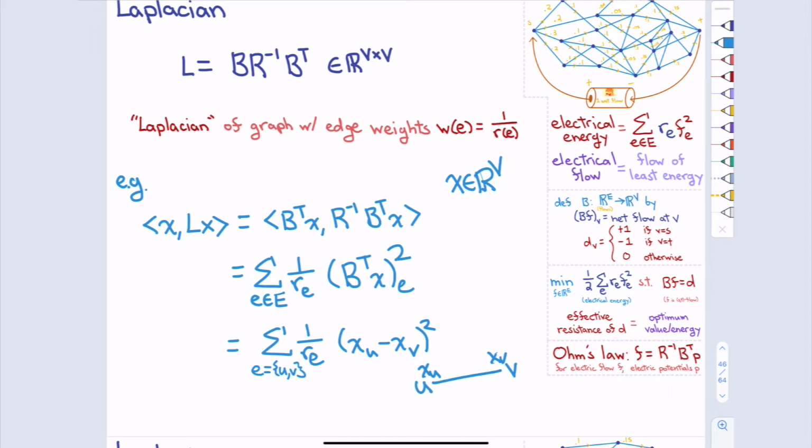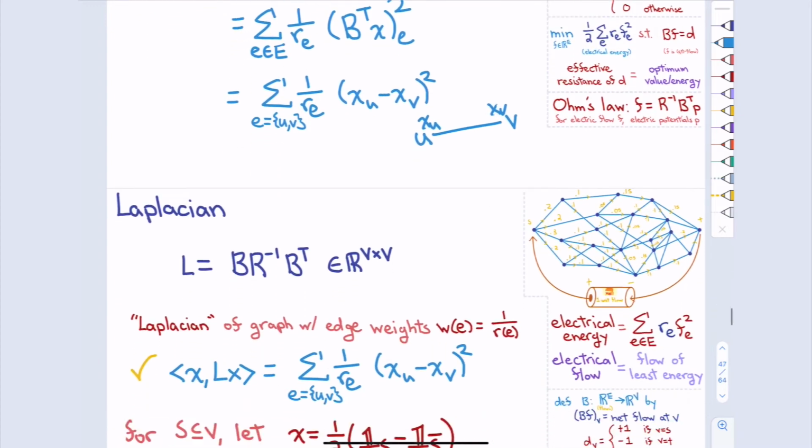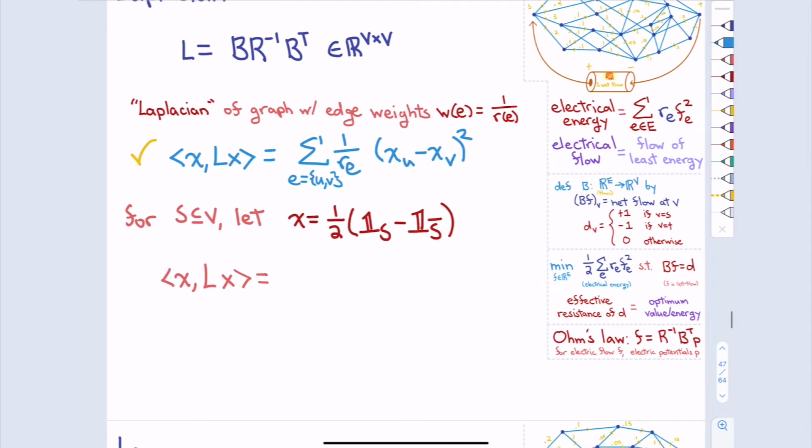Okay. So that means minimizing the Laplacian over x is trying to get values that are closer for edges, especially with small resistance. Okay. But let me give you an example that's a little more combinatorial, so it's easier to see what's happening. Okay. So what we're going to do is study cuts, right?